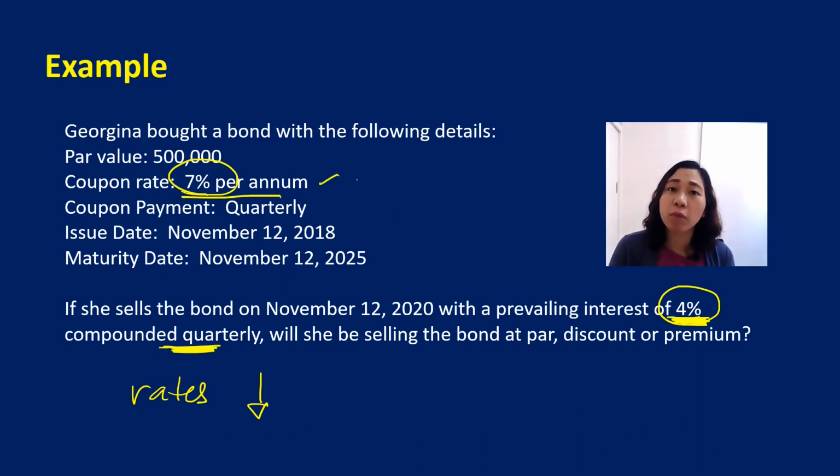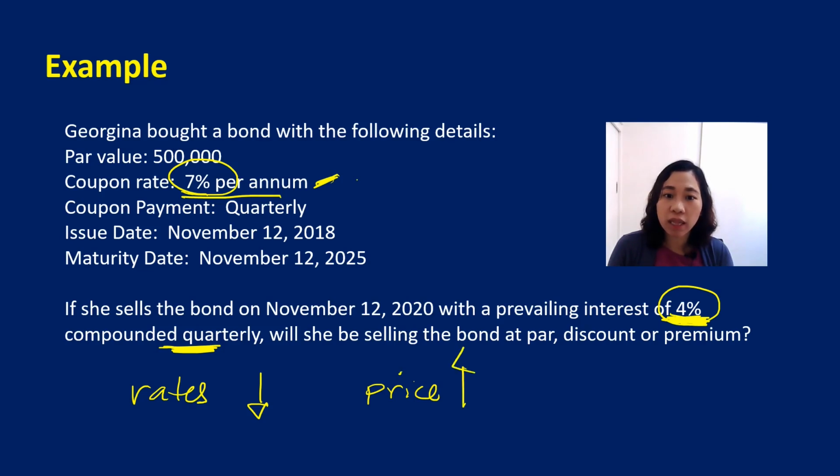The nice thing about bonds is that it's fixed, all right? Even if the prevailing interest rates increase or decrease, they still have to give this 7% interest. But the current interest fell to 4%. So what will happen to the price of the bond?